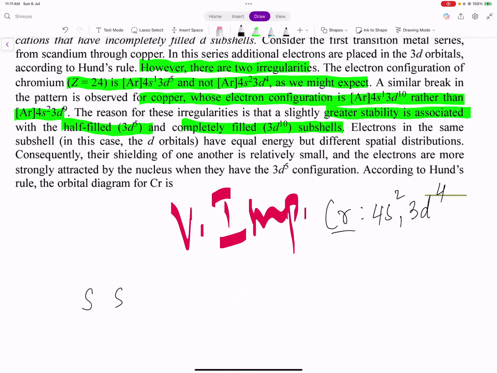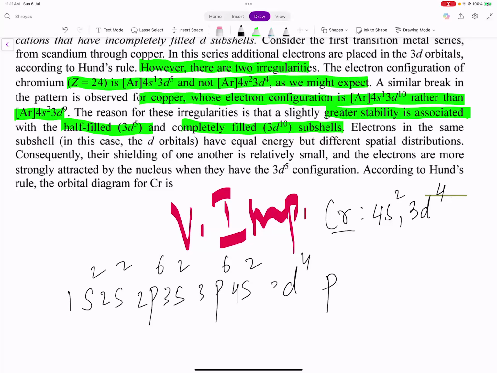Yes, sir. So 24 electrons, the atomic number of chromium is 24.